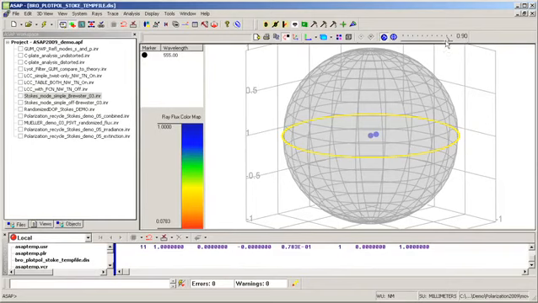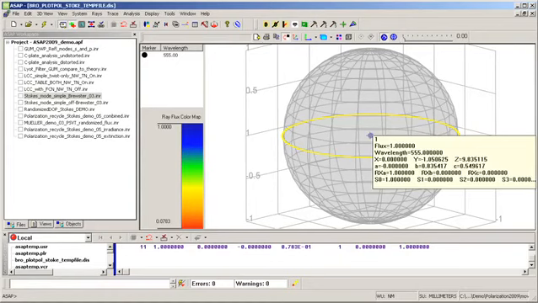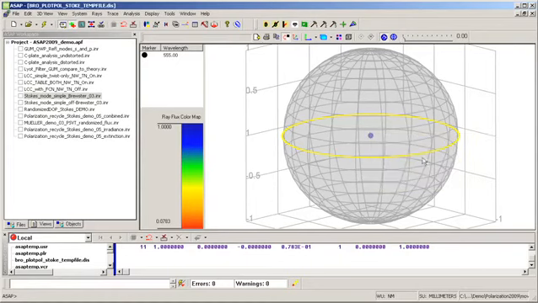If I slide this down further, I should eventually see the transmitted ray point disappear. So we're at 20%, it's still there. We're at 10%, it's still there. And finally at 0% DOP, or degree of polarization, we're left with only the original source point.